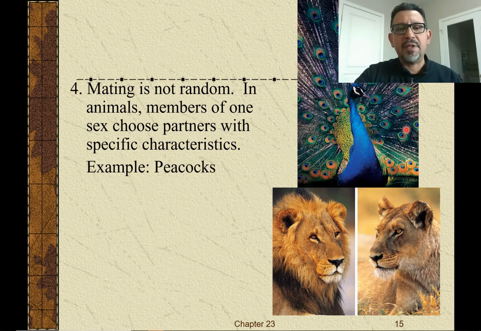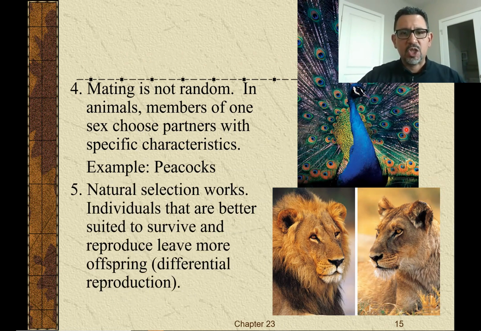And so what happens is that because mating is not random, natural selection will work. And here, I want to give you another synonym for natural selection. Before I had told you that descent with modification, well, that's what we call now natural selection. But another synonym we have for natural selection is differential reproduction.